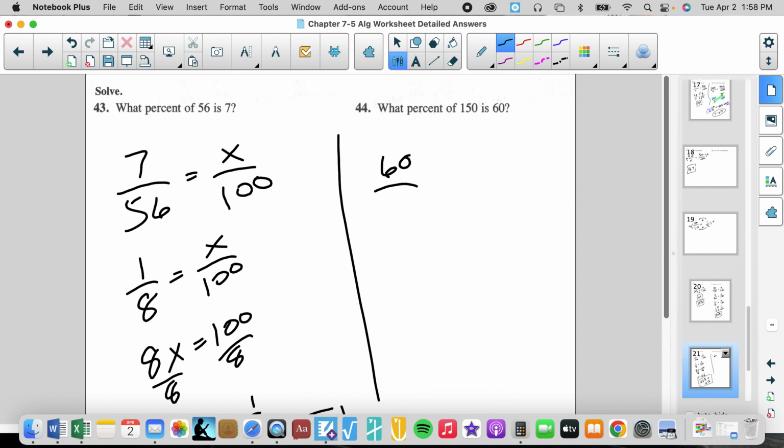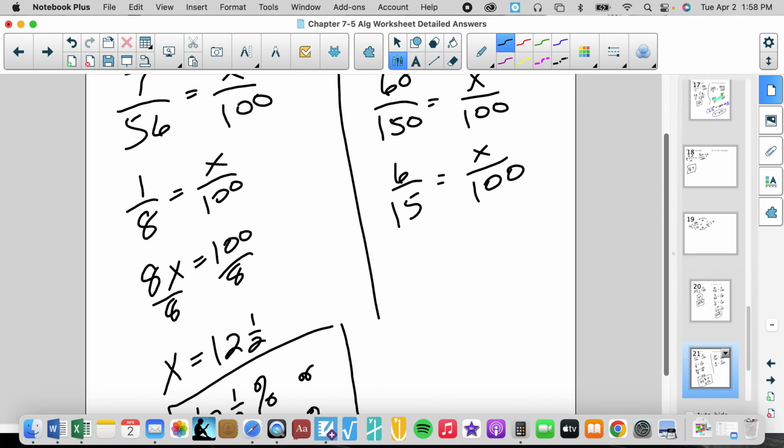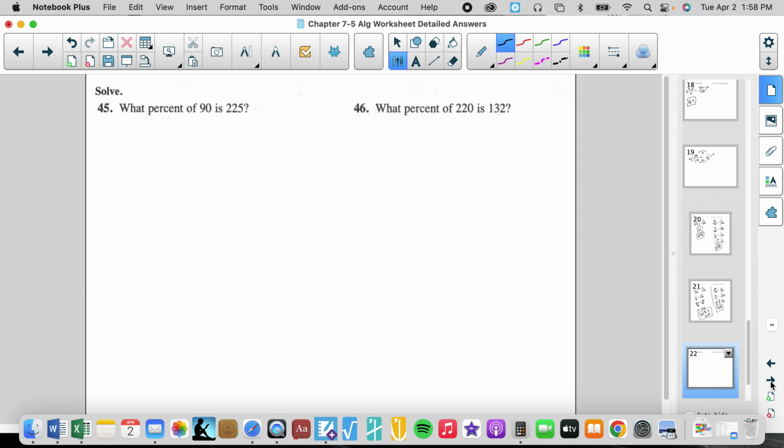Is over of equals percent over 100. Let's make that 6 over 15, let's make that 2/5 equals x over 100. Now multiply by 20, we get 40%. Good.